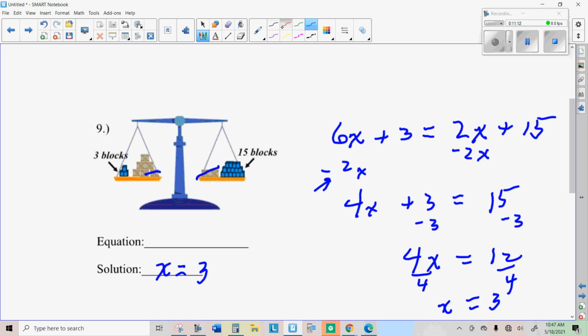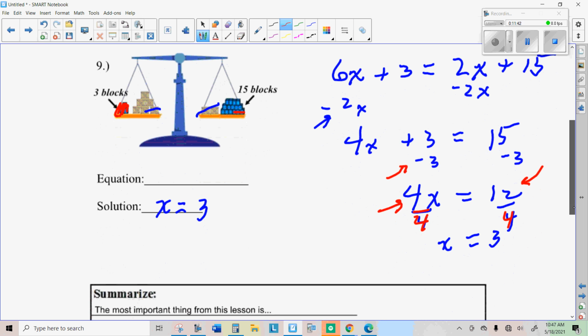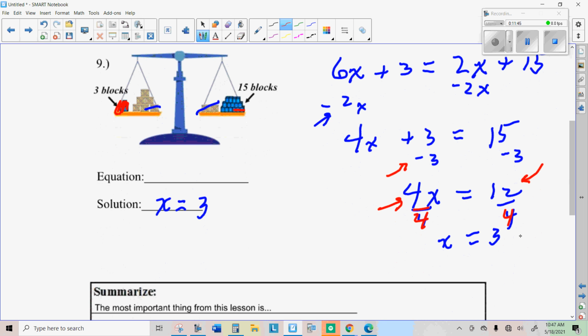Then I eliminated 3 blocks from both sides, so that algebraically is minus 3 from both sides. What I was left with is 4 boxes equaling 12 blocks. So I want to split that into 4 parts, so I divide both sides by 4. And 4 divided by 4 is 1x. Again, I leave the 1 invisible. And 12 divided by 4 is 3.